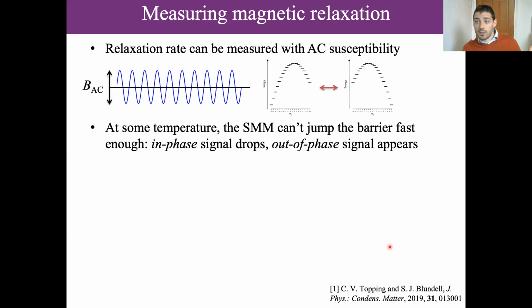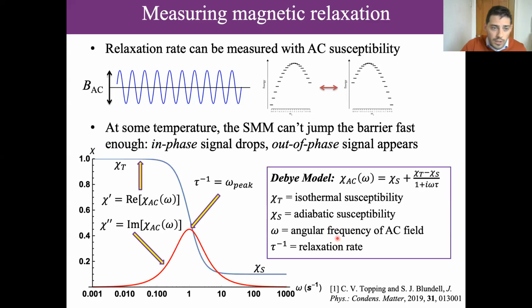What happens, though, is that at some temperature or for a given frequency, the system can't equilibrate quickly enough to keep up with the AC field. The signal that is in phase with your applied field starts to drop, and then you develop an out-of-phase signal. It looks something like this as a function of frequency. The blue is our in-phase signal, and as you increase the frequency at a fixed temperature, it drops and goes towards what we call the adiabatic susceptibility, where the system is not in contact with the thermal bath anymore.